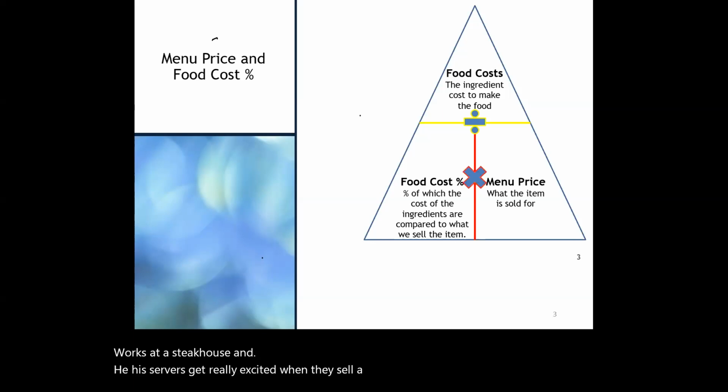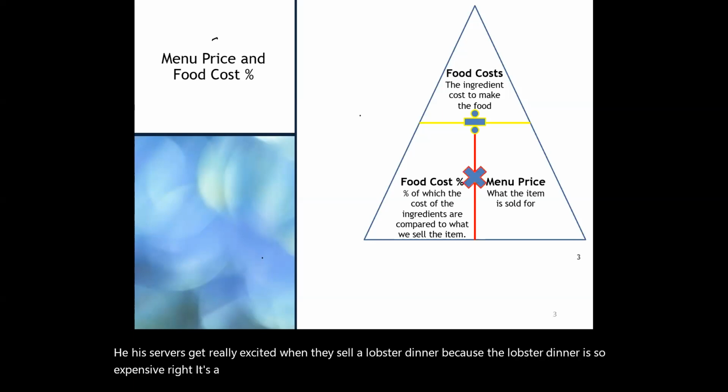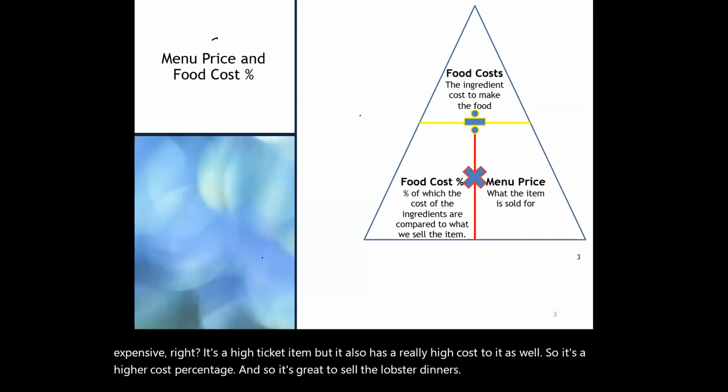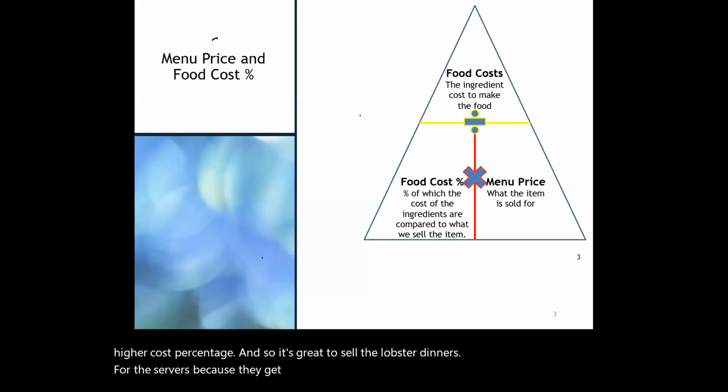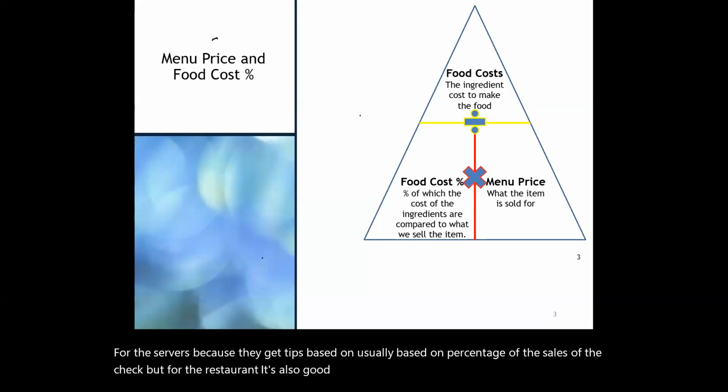It's a high ticket item, but it also has a really high cost to it as well, so it's a higher cost percentage. It's great for the servers to sell the lobster dinners because they get tips usually based on a percentage of the sales of the check. But for the restaurant, it's also good to push sides because side dishes have a lower food cost percentage.